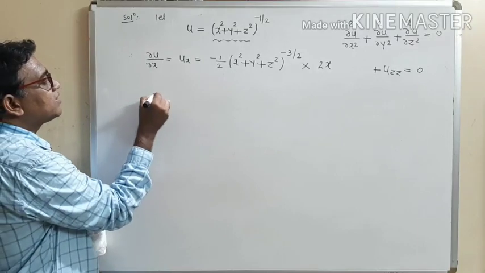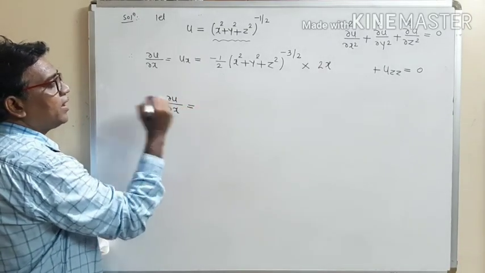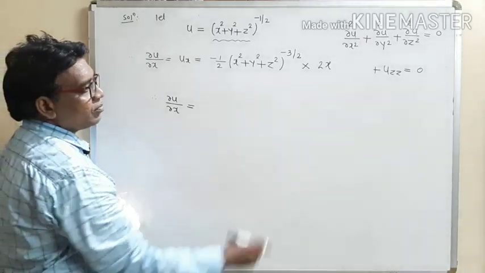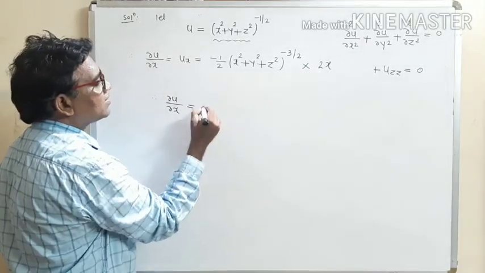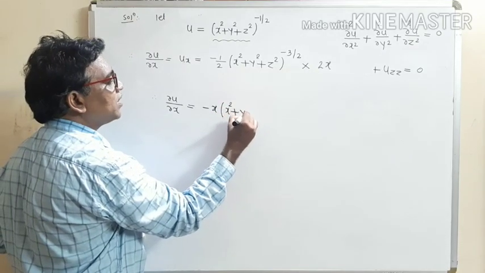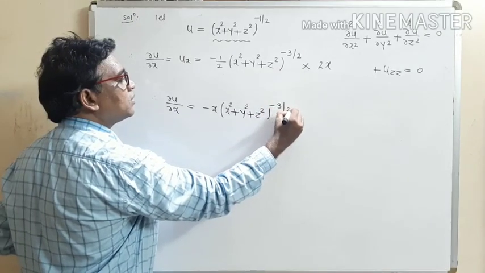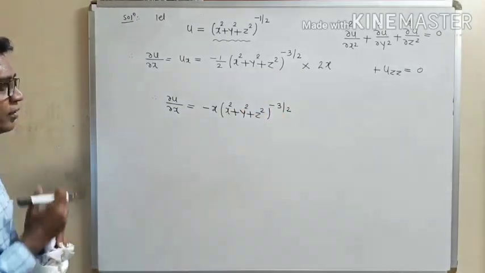So simplify this term. So ∂u/∂x is equal to, now this 2 gets cancelled, this is minus x into (x² + y² + z²) raised to minus 3/2.